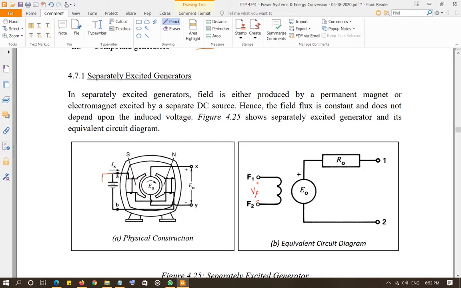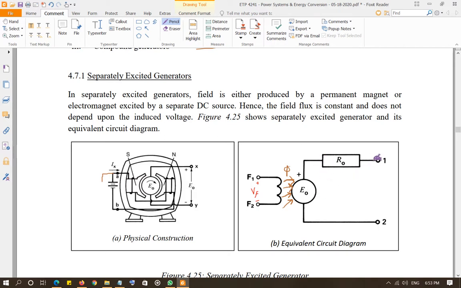So this is your field connected to VF, the power supply, which will produce the flux, and that flux is going to interact with the armature winding. And since the armature is rotating with some velocity, Faraday's law is going to come into effect, and the voltage will be induced in the armature.